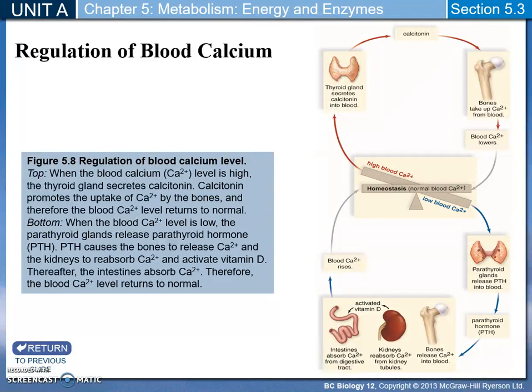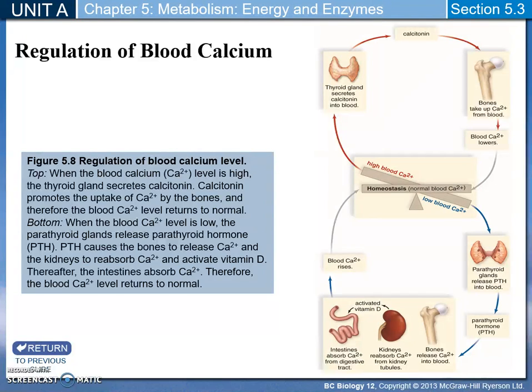Then if calcium levels decrease, if they are low, that causes the parathyroid glands to release parathyroid hormone, or PTH, into the blood. And PTH has several effects, which we mentioned.